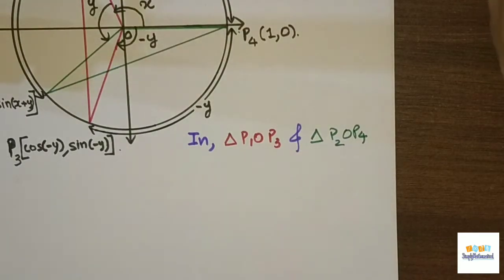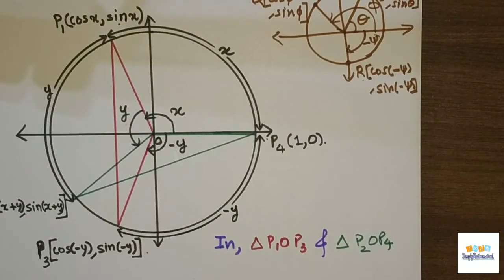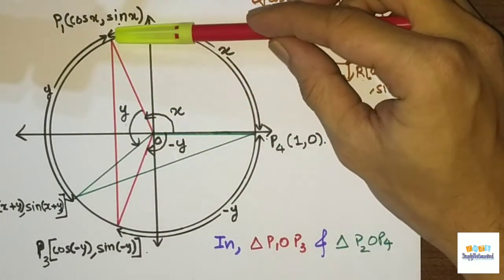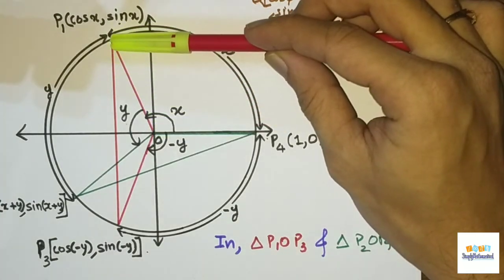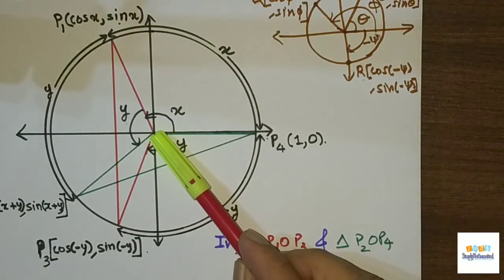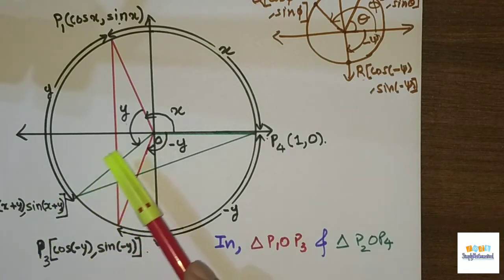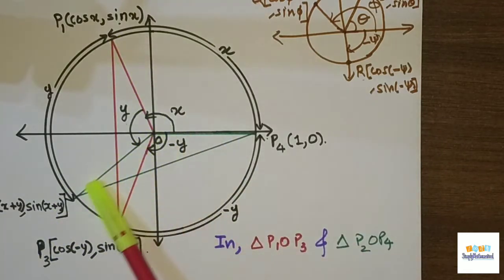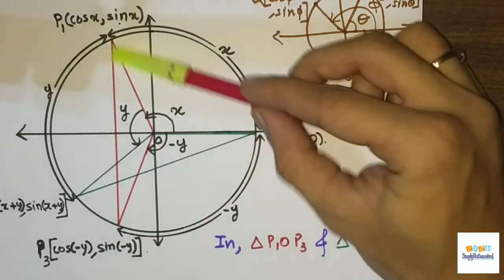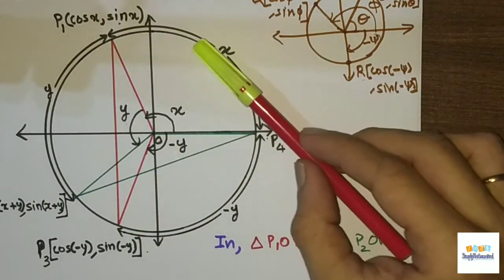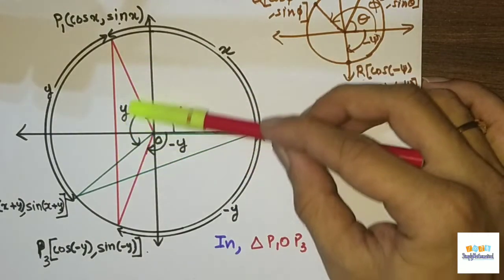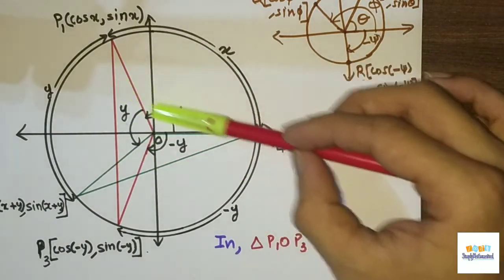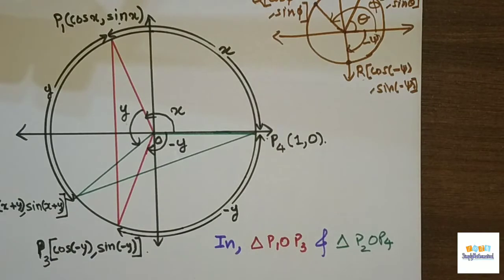So you can see that this side OP1 is equal to OP2, right? OP1 is equal to OP2. Why? Because both are radii of the same circle. So these two sides will be equal. So let us write that.